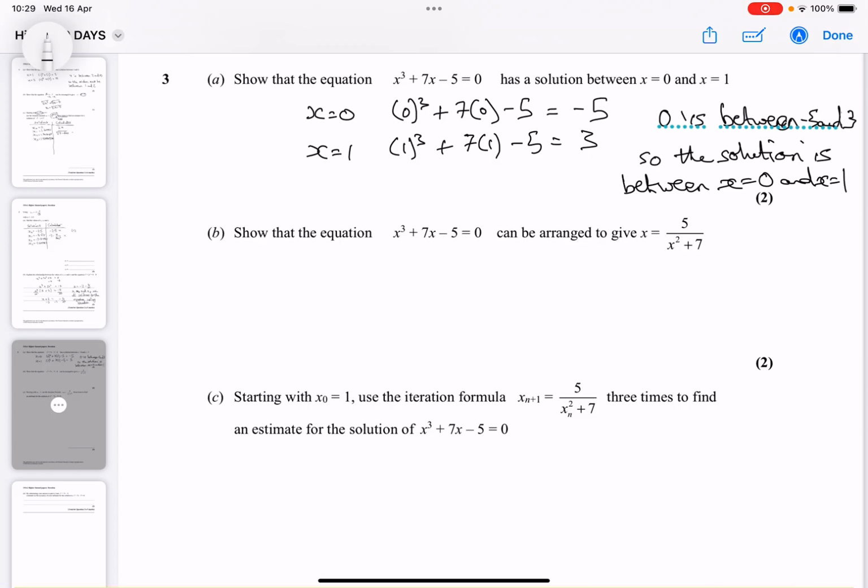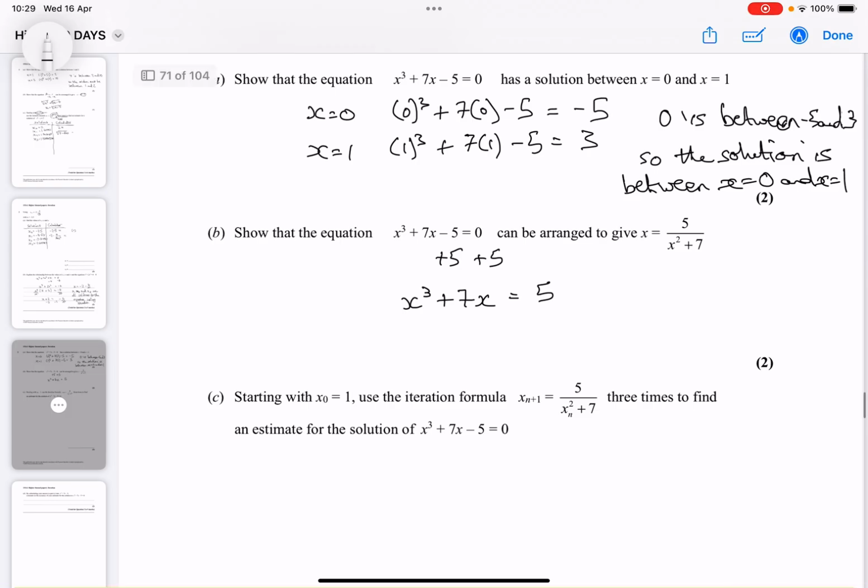Now this one, we're now rearranging. When we've looked at these in the past, getting rid of that constant is usually a good first step. So what we've got is x cubed plus 7x equals 5. That's going to get you a mark. Then what I want to do is factorise out.